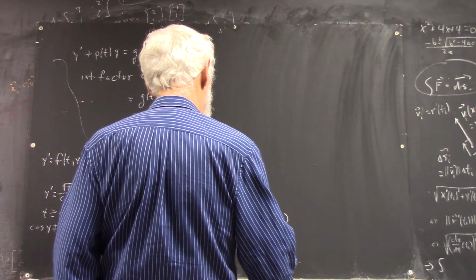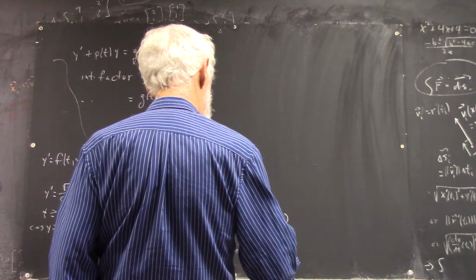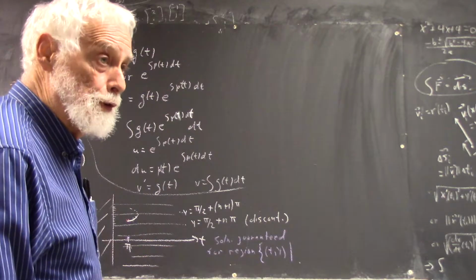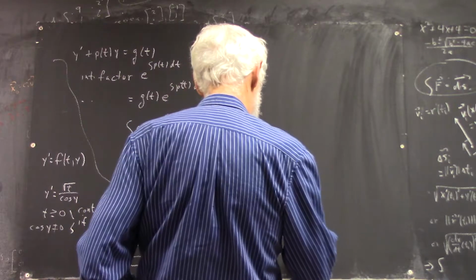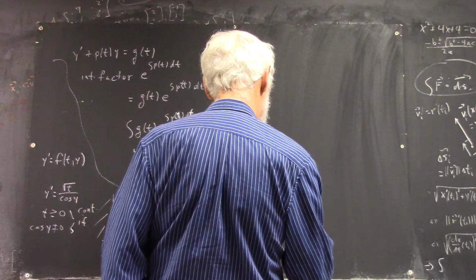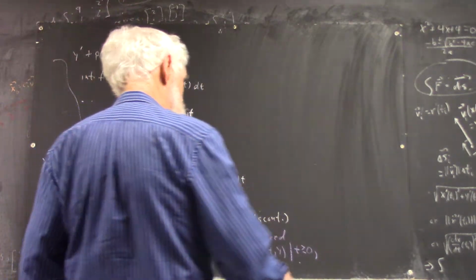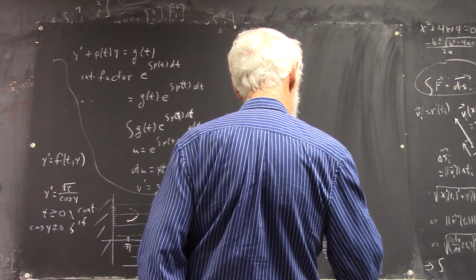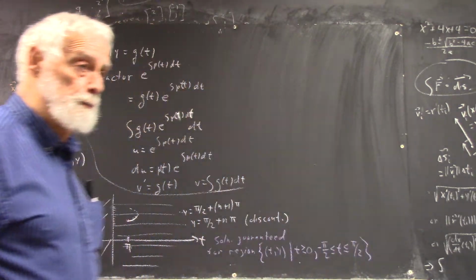And you can describe the region in many ways. I'll just use set builder notation. It's a region of (t, y), okay, such that t is greater than or equal to 0, and negative pi over 2 is less than or equal to y, which is less than or equal to pi over 2.